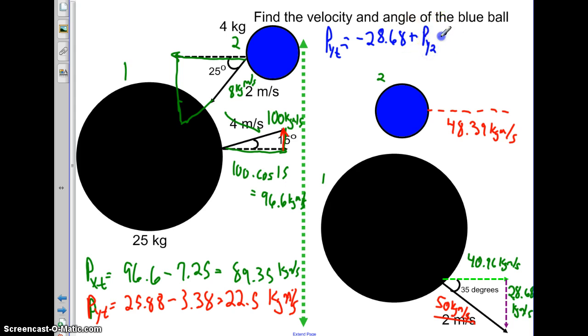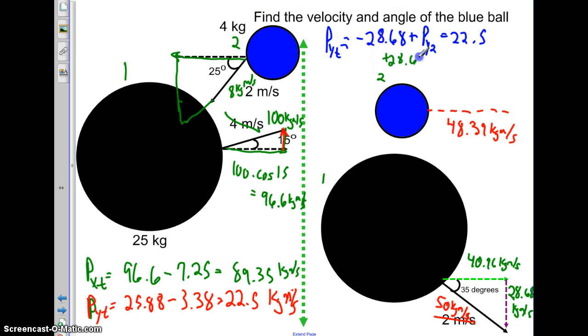And when I add those together, that's the total. But of course, the total y momentum from before must be positive 22.5. So this has got to be equal to 22.5. Again, we found a nice little linear equation. And you add 28.68 to both sides.